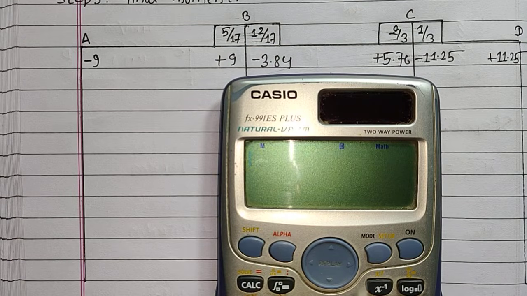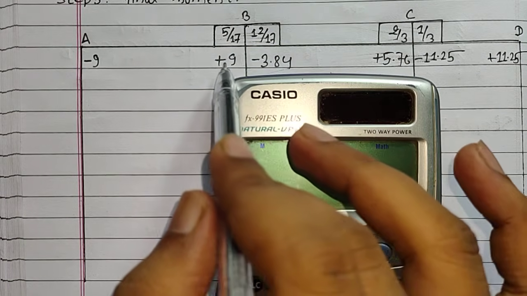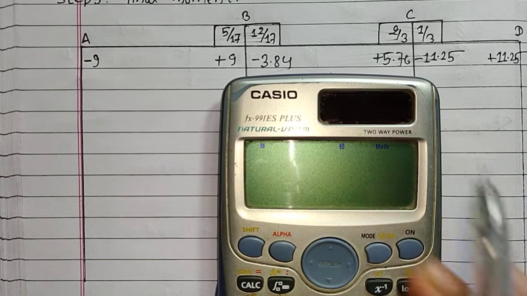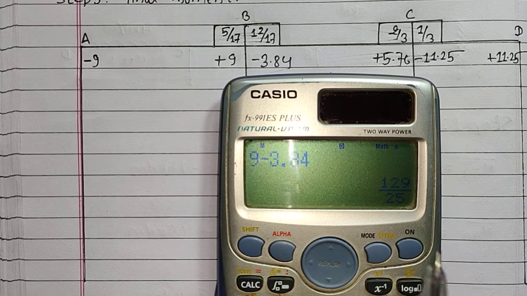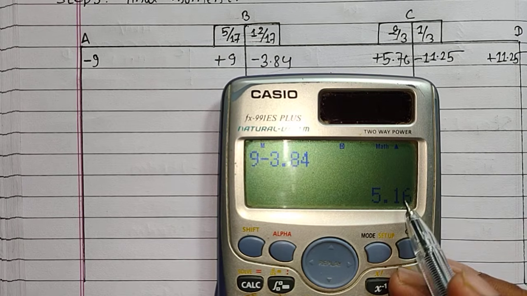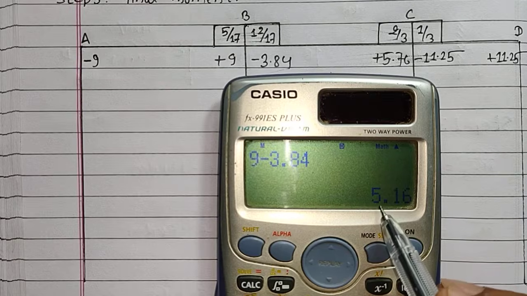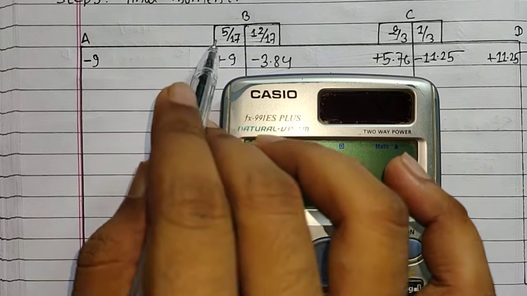Now add these two, plus 9 and minus 3.84. 9 minus 3.84, we get 5.16. Now multiply 5.16 with 5 by 17.